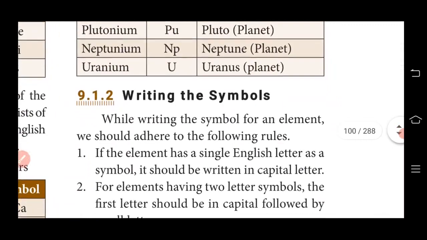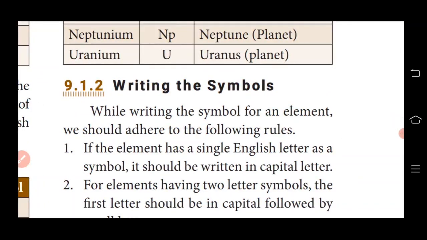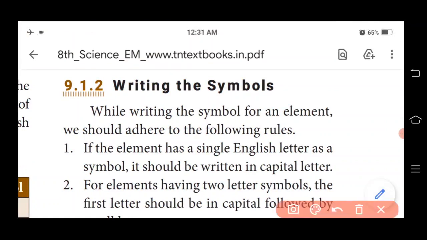And then our today's topic is writing the symbols. Children, while writing the symbol for an element, we should follow the rules.